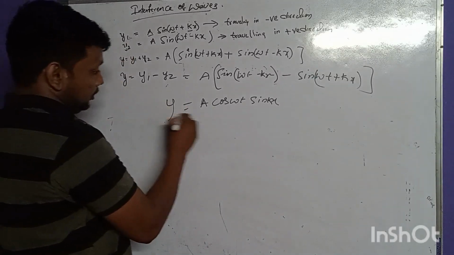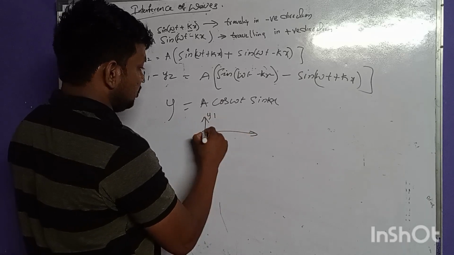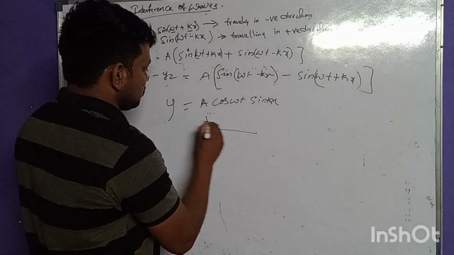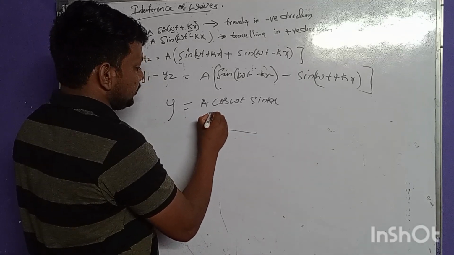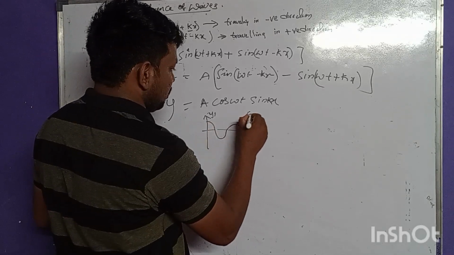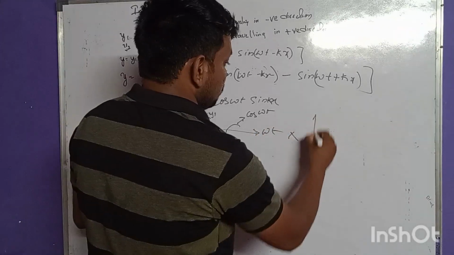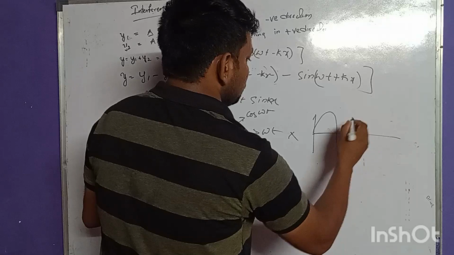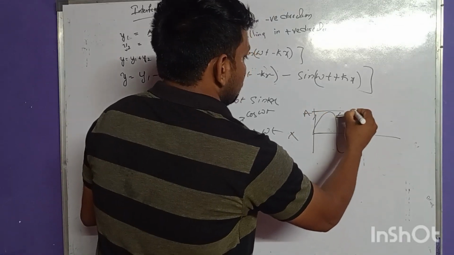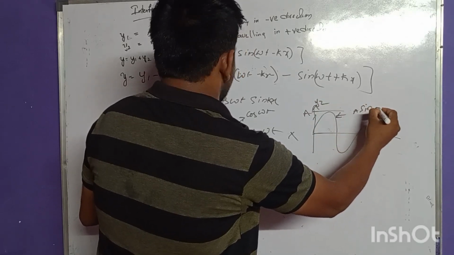Here we are multiplying y1 is equal to cos kx cos omega t. This is the cos omega t graph into A, this is y2, A sin kx.